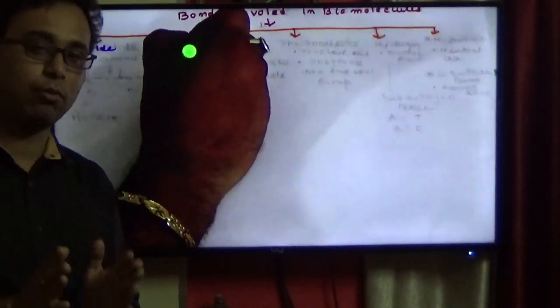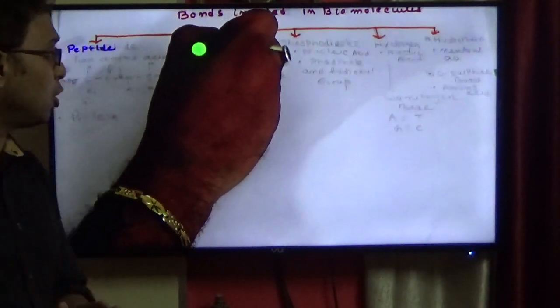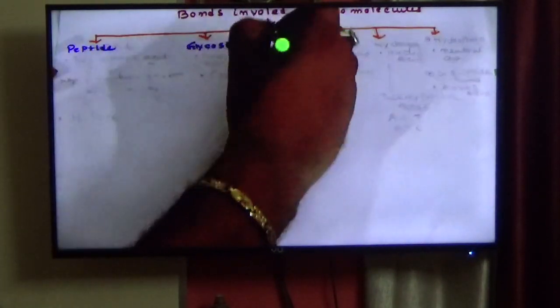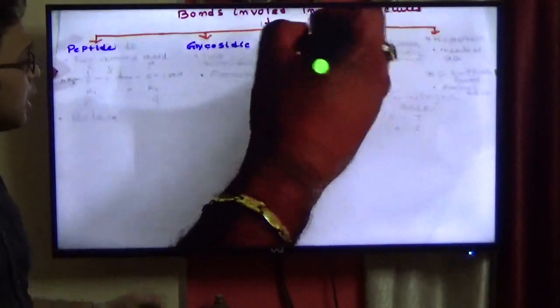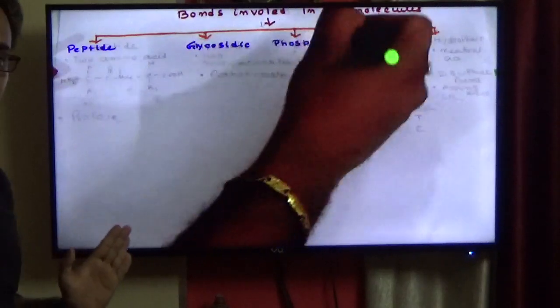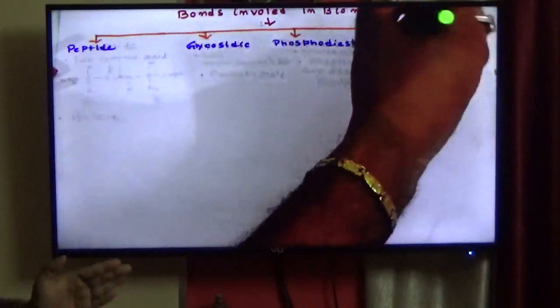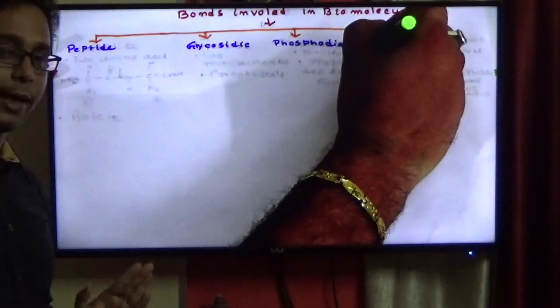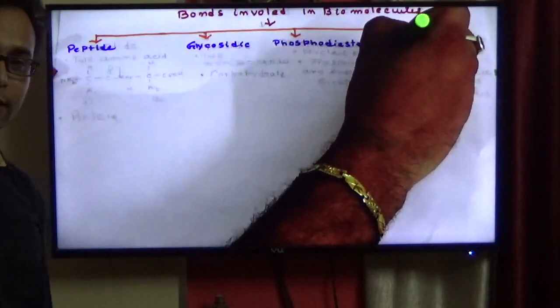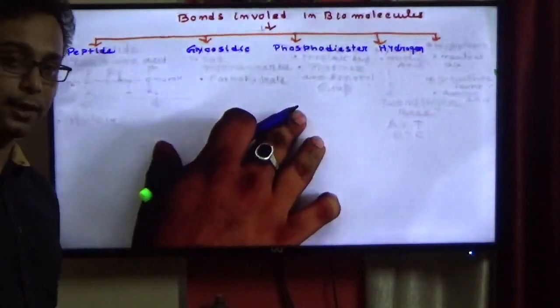So in our carbohydrate part we discuss the micromolecules and the macromolecules. At first we discuss the bonds involved in the biomolecules. Peptide bonds are the most important bonds in the case of protein. In today's part on carbohydrate, the glycosidic bond plays the important role in the production of polysaccharides.